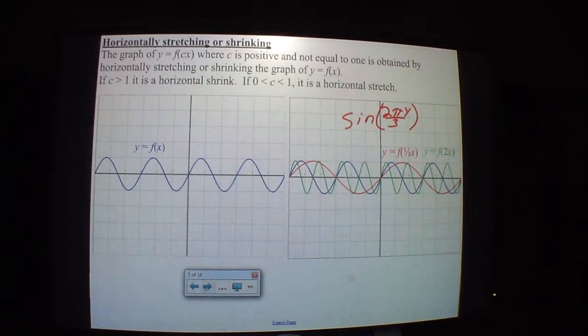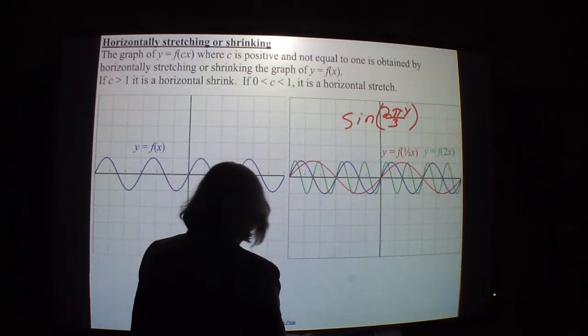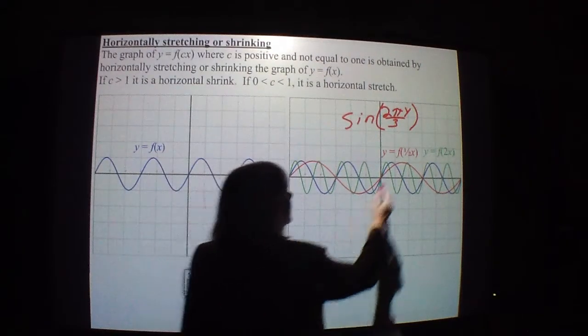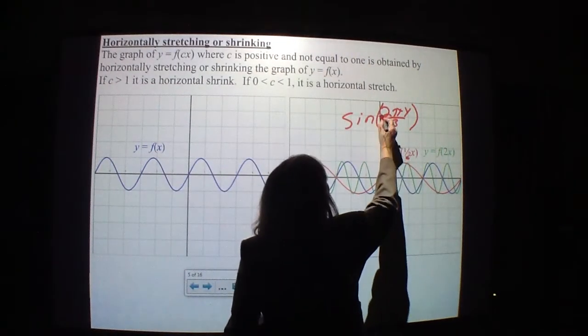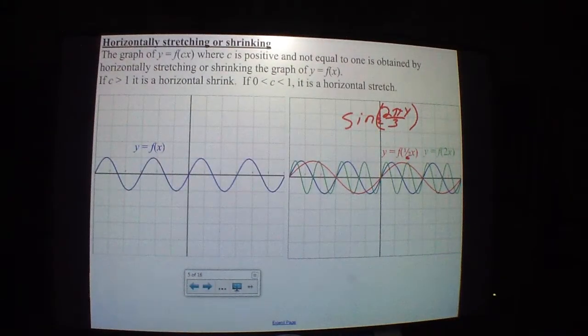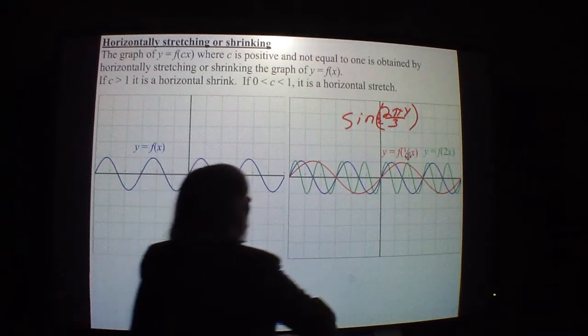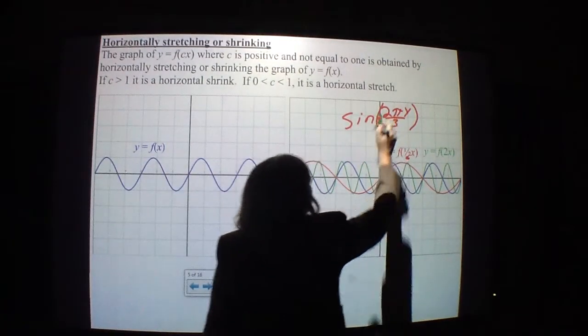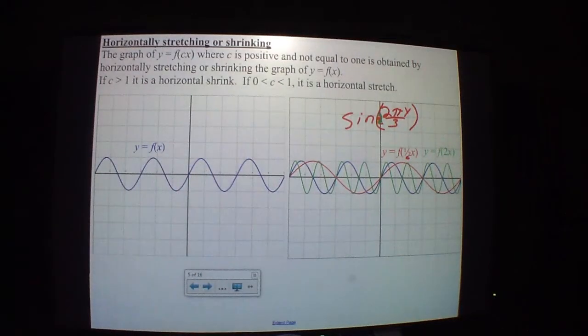Instead of that, I am going to multiply the x by some number, so my x is going to be multiplied by 1/2. If I put a 1/2 in there, that will stretch it horizontally from right to left. If instead of a 1/2, I put the number 2, that will compress it horizontally.